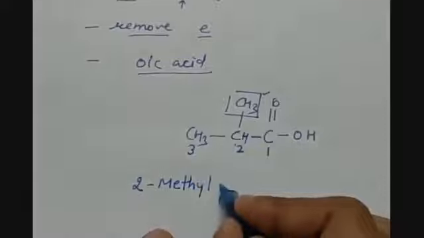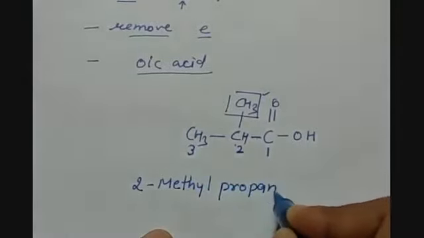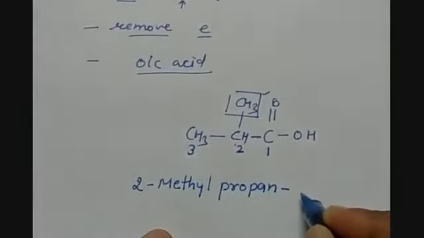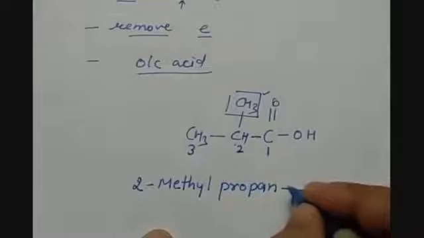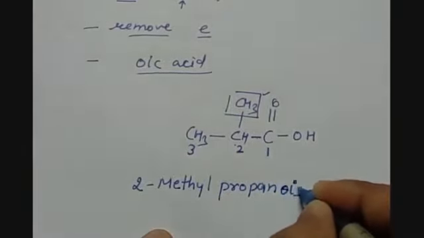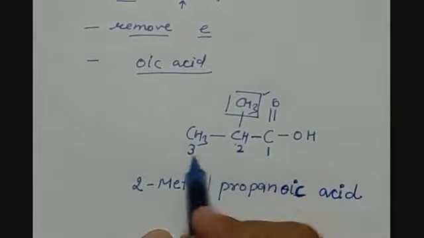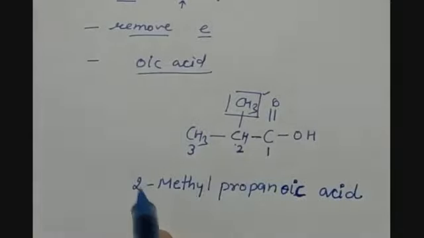So it will be propane, remove E. As there is no need to mention the position, we can directly add -oic acid: propanoic acid. So for this compound, the IUPAC name is 2-methylpropanoic acid.